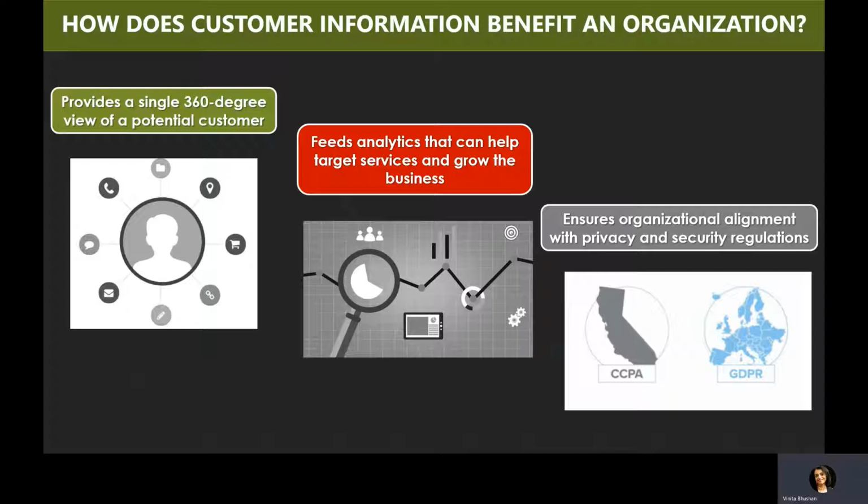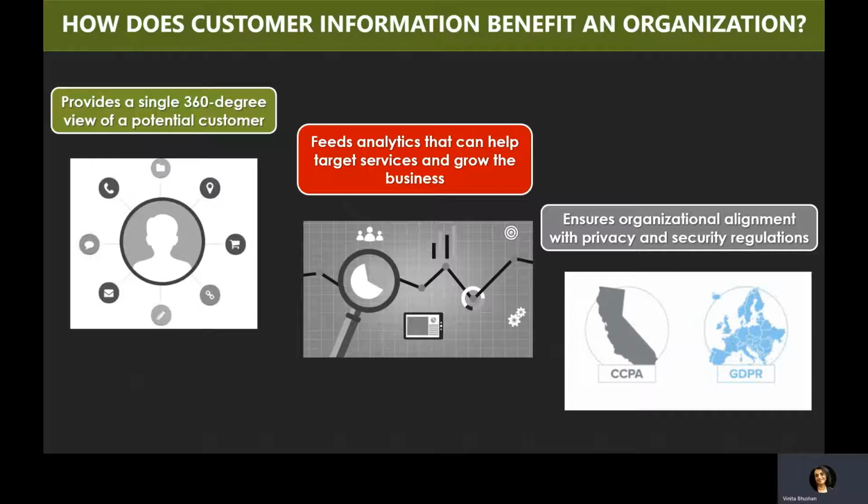So to start, let's look at customer information and why an organization needs it. On one hand, there's digital marketing, and they want to know who the customer is, the kinds of things this customer is interested in, what opportunities there are for targeting services to the customer.